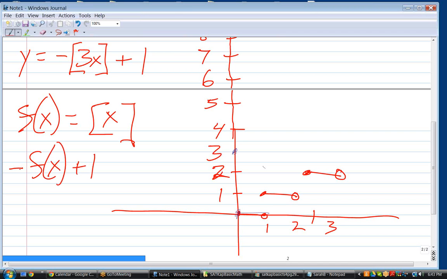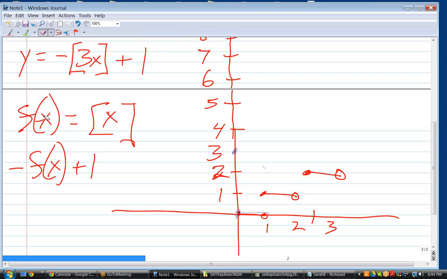The fact that the negative sign is in front of the f of x means it's a reflection over the x-axis. If it was f of negative x, like that, then the negative sign would go inside the function. And that would be a reflection over the y-axis.